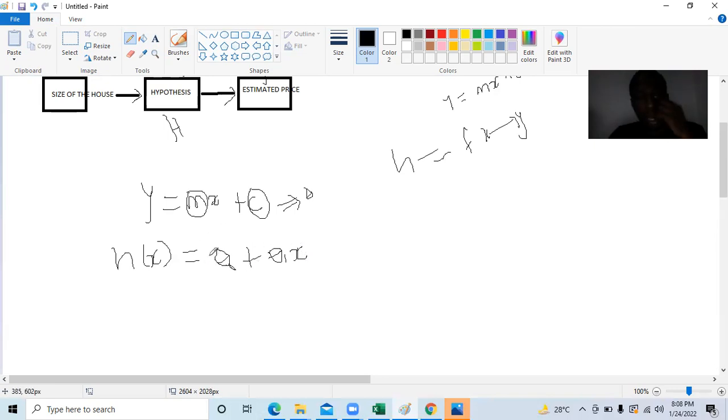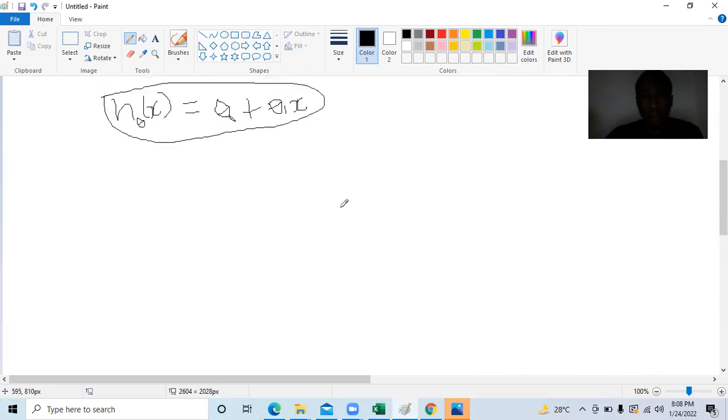So we'll use theta 0 to represent c, and theta 1 to represent m. So this will be our transformed hypothesis for machine learning, for linear regression.